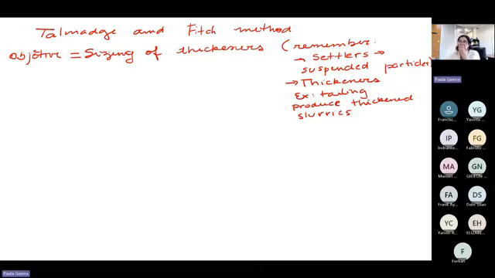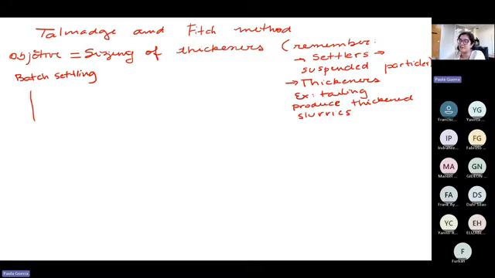So what is the basis of the Talmadge and Fitch method? The basis is the following. Let's say we have a batch settling experiment with characteristics of the solid that we eventually want to size a thickener for.